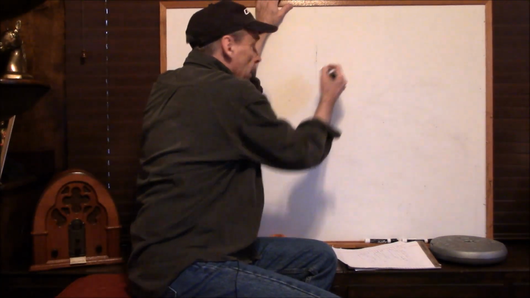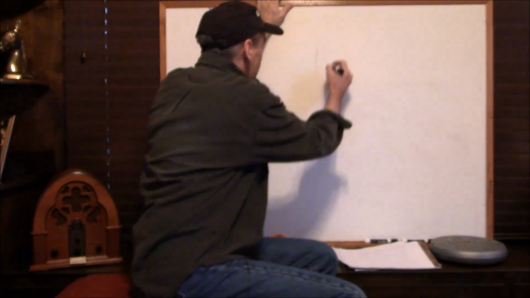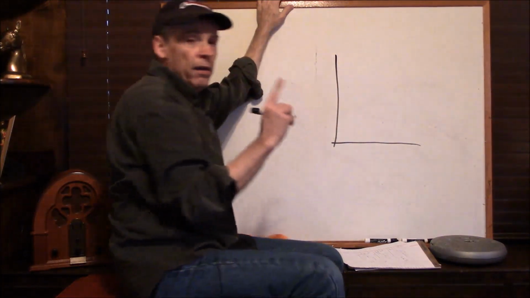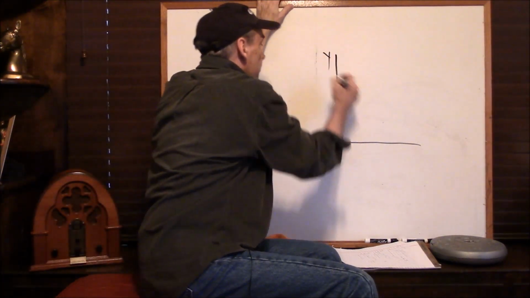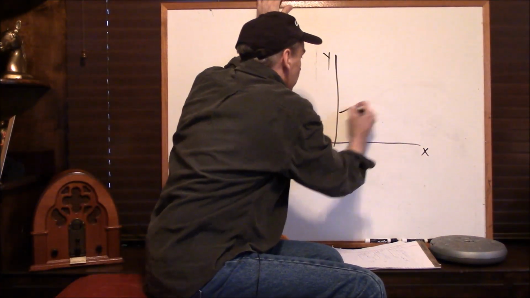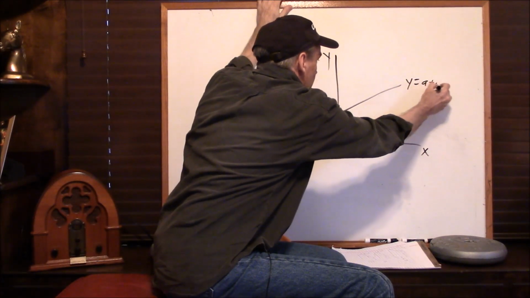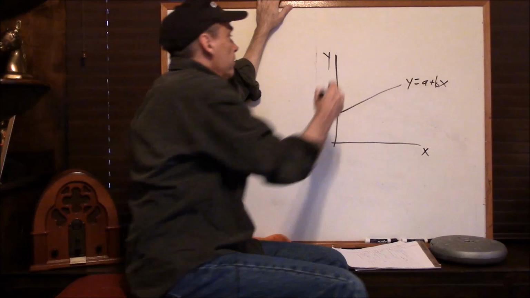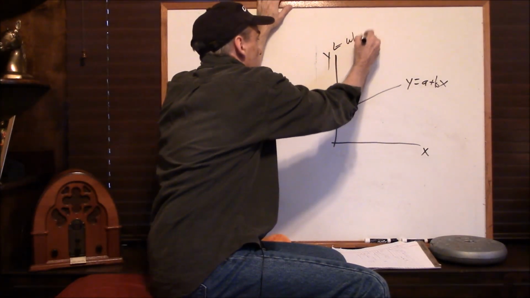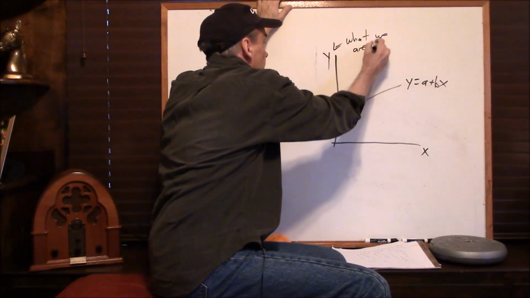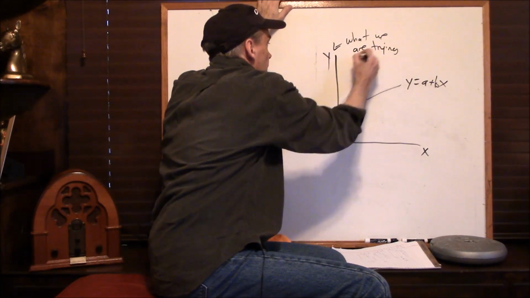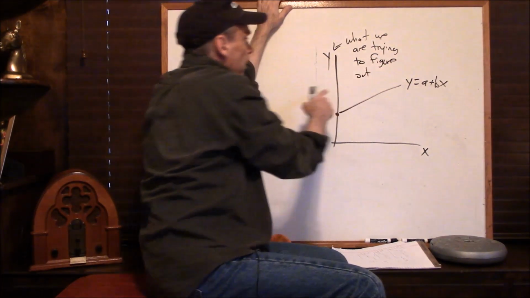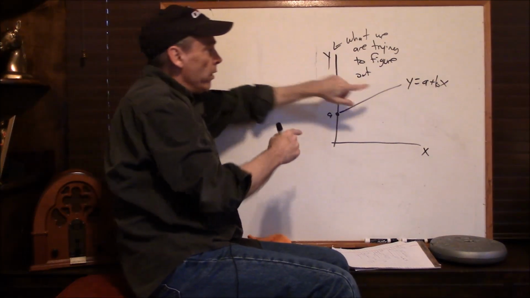Now, let's see, I'm going to do the same thing again. Well, let me back up here just a second, just go back to the algebra again, right? So remember what it's all about in general. That's what we're trying to figure out. Why? We don't know what y is.